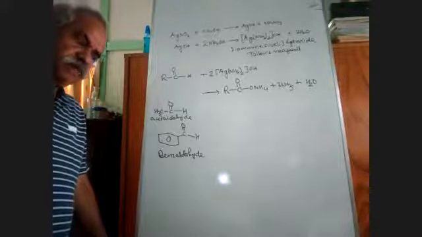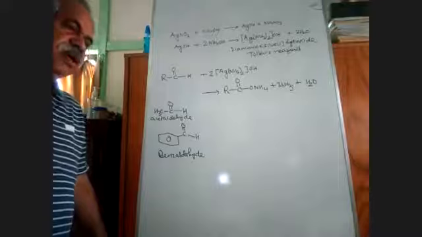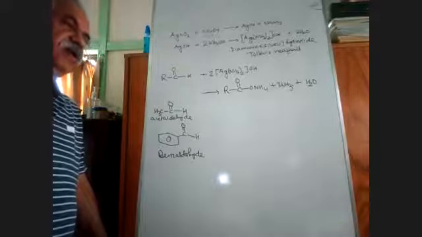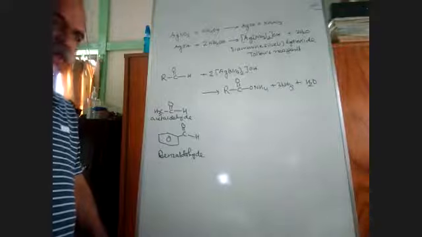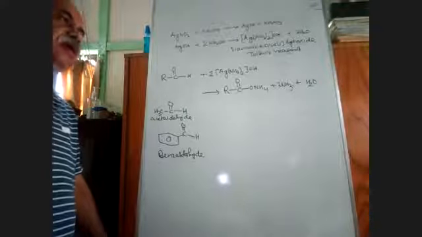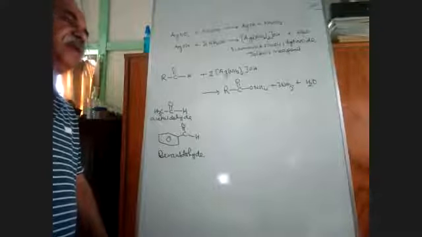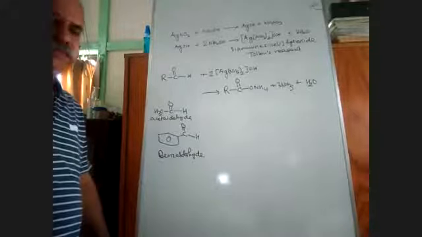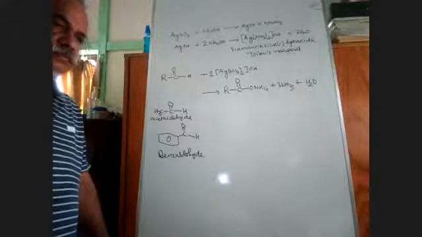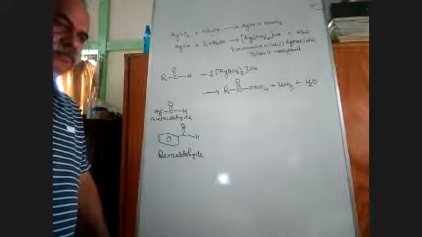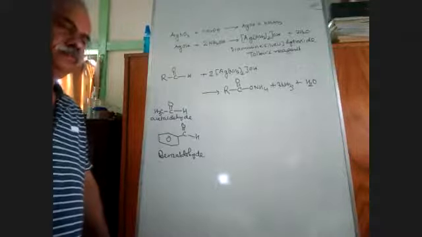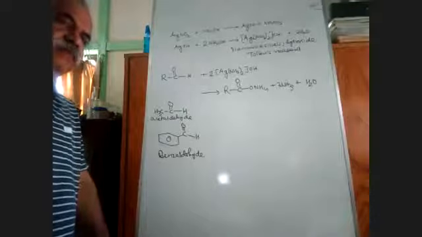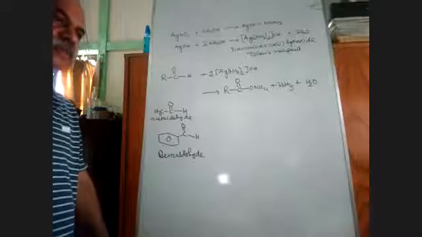Okay, put a colon and write Fehling's A will be capital, Fehling's A and Fehling's B. Okay, then write next paragraph.